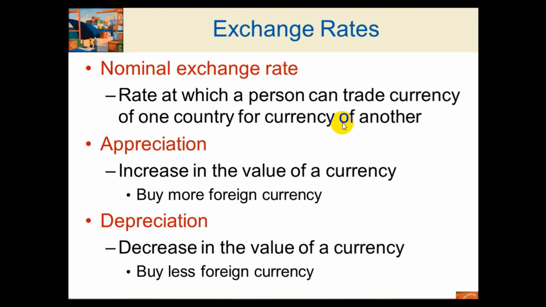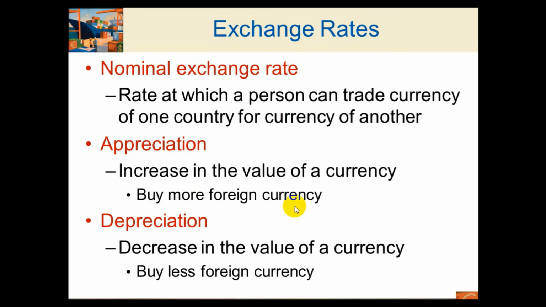In economics, you can use appreciation and depreciation to describe the change of exchange rate. Currency appreciation is an increase in the value of a currency compared to another currency. It means that one country is capable of buying more foreign currency than before.